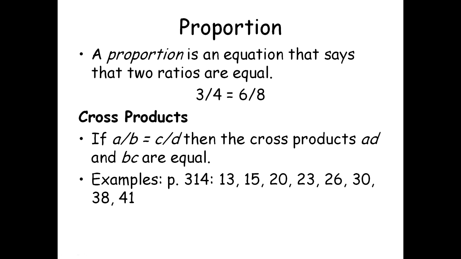We can say, okay, 3/4 is the same as 6/8. 6/8 is the same as 3 times 2 divided by 4 times 2, and the 2's divided by themselves equal 1. So you'd be left with that. A cross product is something that we will explore with these examples on page 314.